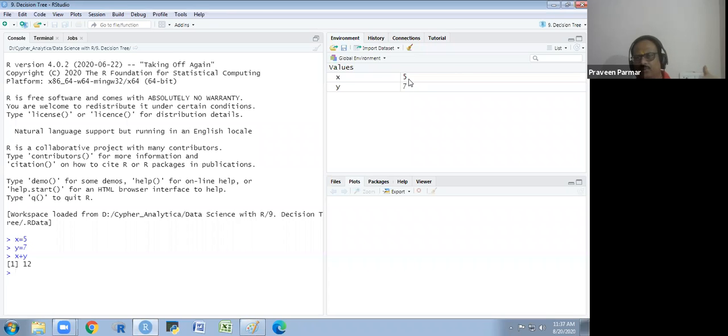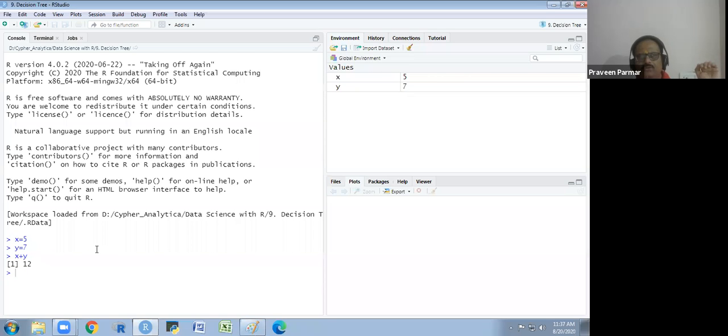Until you turn off R, it will be in the global environment. If you save it, next time you will get X equal to 5 and Y equal to 7 in your global environment. If you don't save, you will not get it, and next day you have to run it again. Whatever you have written in the console will not be saved when you turn off RStudio.